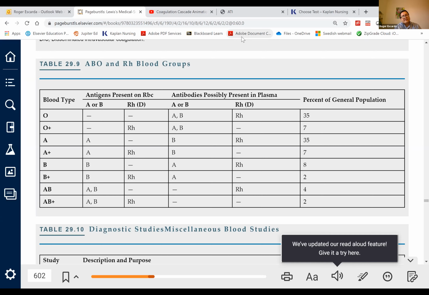RH negative. What if I am RH positive? What can I safely receive? Can you repeat the question?